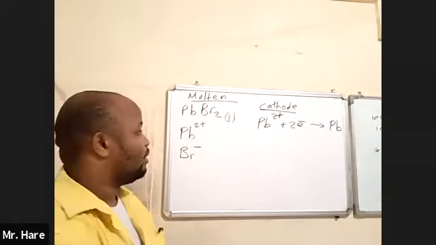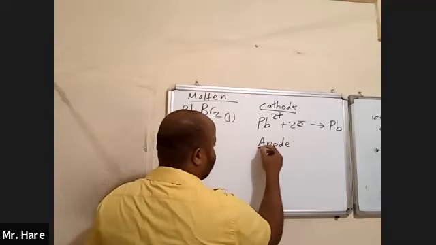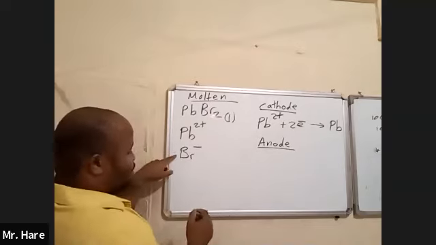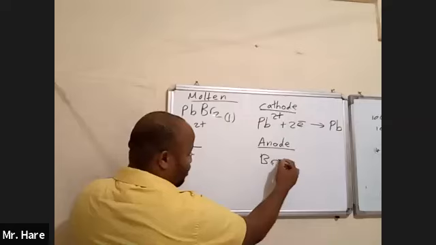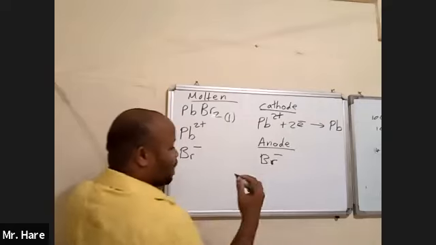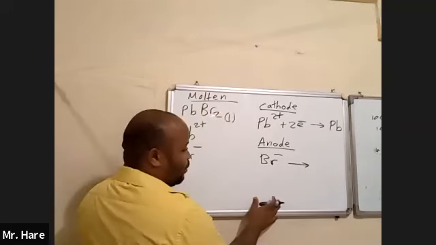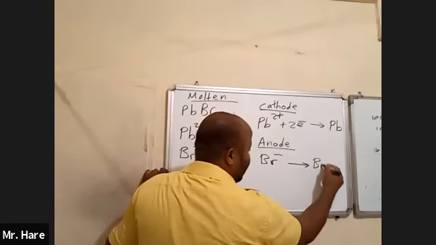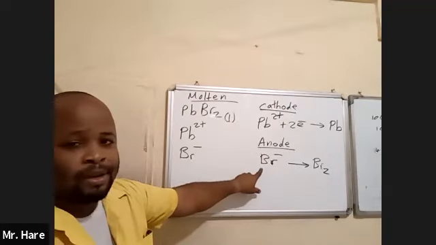All right. At the anode, you have the bromide ion. Remember, bromine is in group 7, therefore it is a diatomic molecule. So you will get Br2. You will go from bromide ion to Br2.